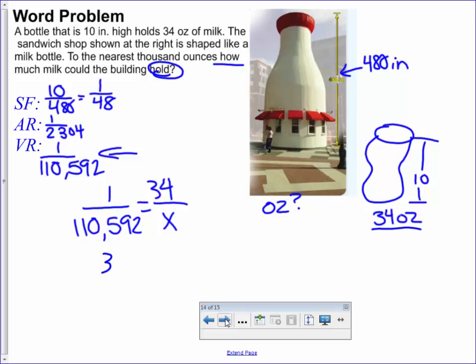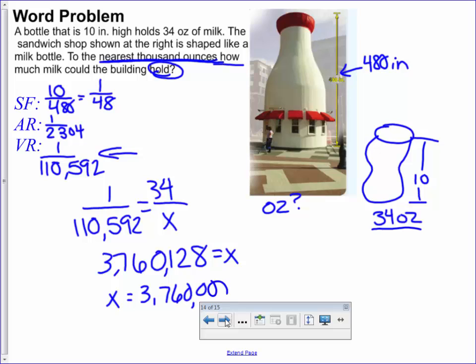You cross multiply this, and you should get a large number like this to be your x, but it asks to the nearest 1,000. Okay, so when you round correctly, it will be a number like this, and it is in ounces. So there we go.